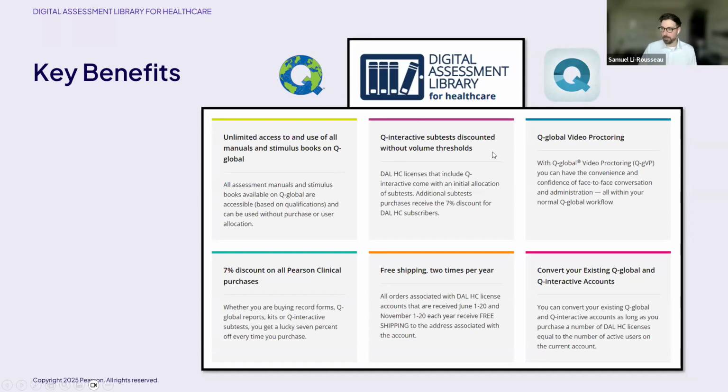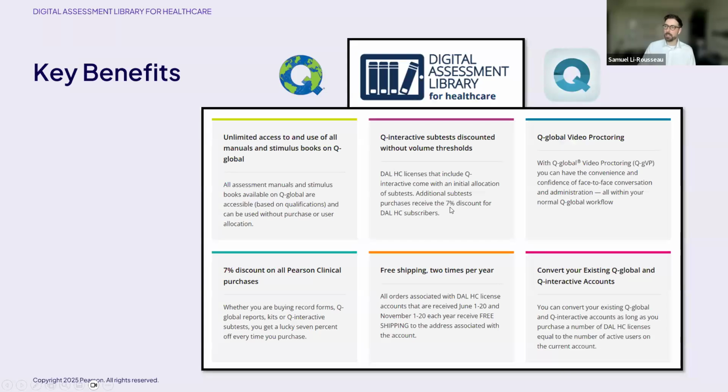For Q Interactive, we'll go over the three options for the digital assessment library, but regardless of what option you choose, you will get a discount on your Q Interactive subtests. And so that would be the 7% discount applied to subtests.